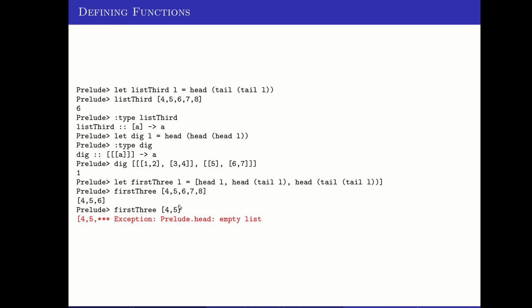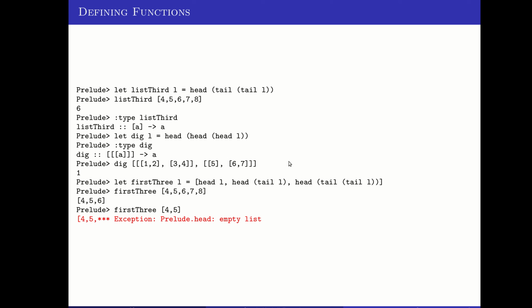So you will not get an error at the time of writing your function. If you do something like this, you will get an error at runtime when you try to execute your function on 4, 5, and it will try to get the head of the tail, where the tail of the tail would be too far down.